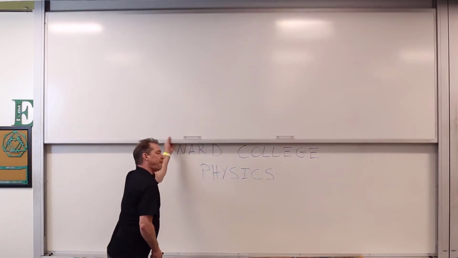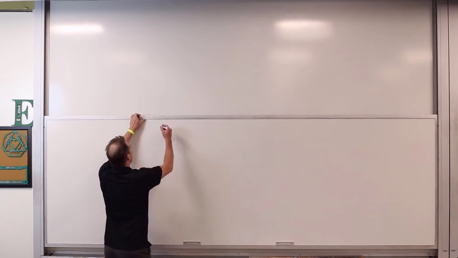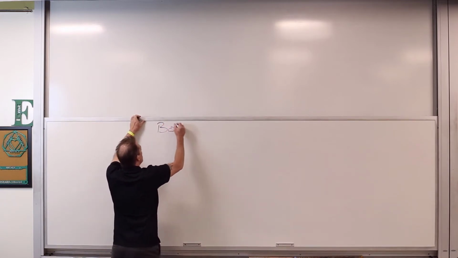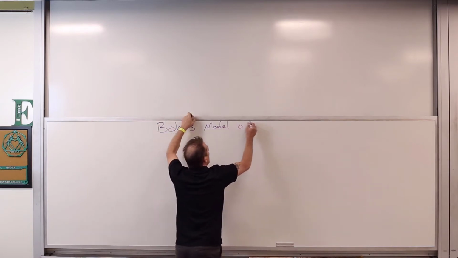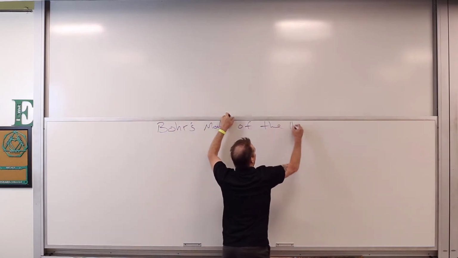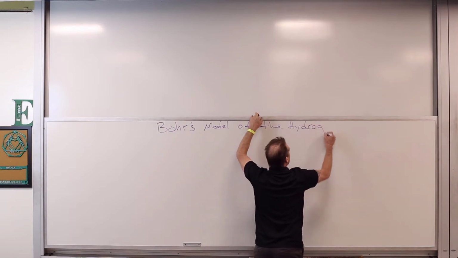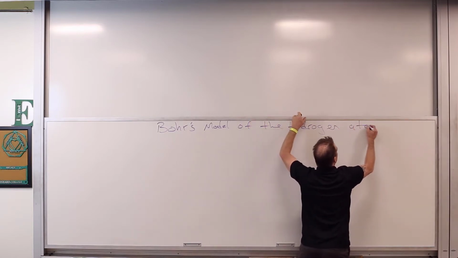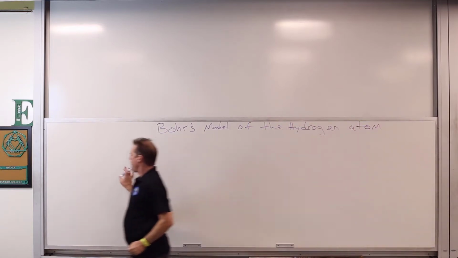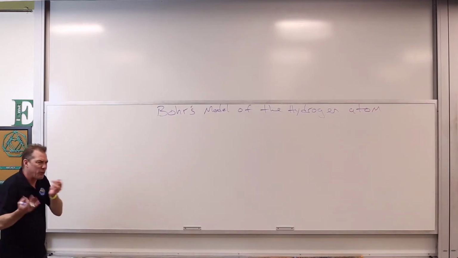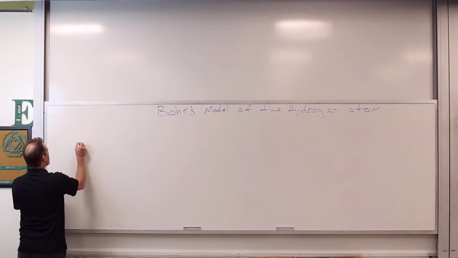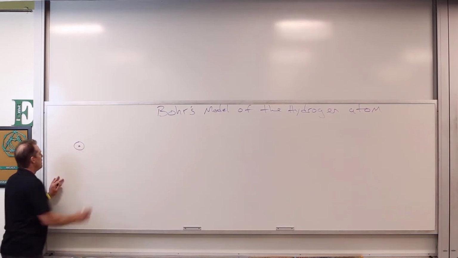So, let's look at this. Bohr's model of the hydrogen atom. Again, he utilized some things that were already theorized or known to some degree. But Bohr basically said, hey, we've got a proton here.